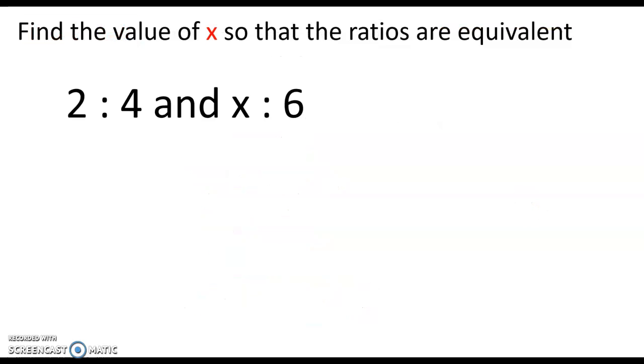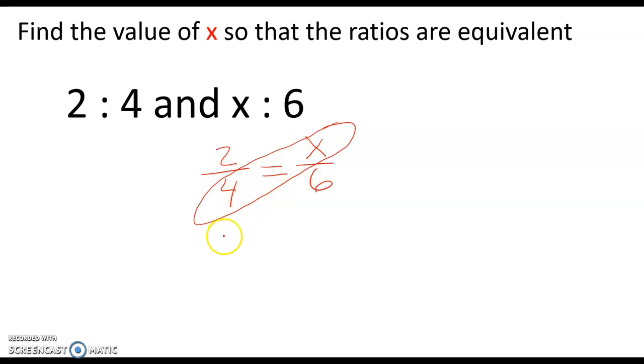All right. So this one, we're going to go ahead and set it up. 2 over 4. Remember, ratios can be written as fractions. And x over 6. So again, I can't do mental math on this one, so I'm going to go ahead and do my cross products. 4 times x is 4x. 2 times 6 equals 12.